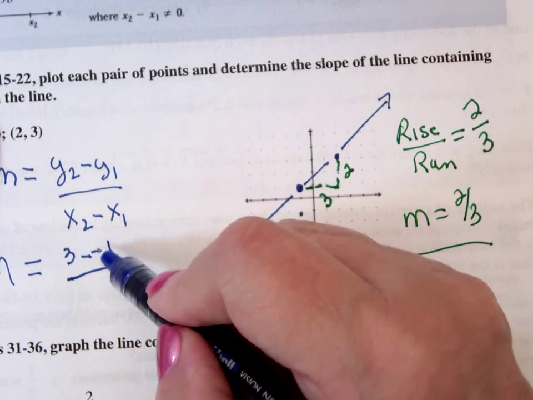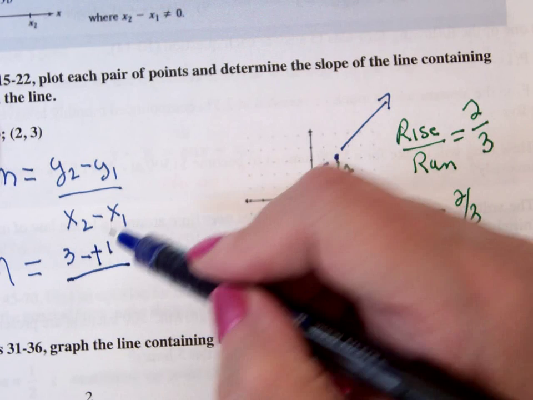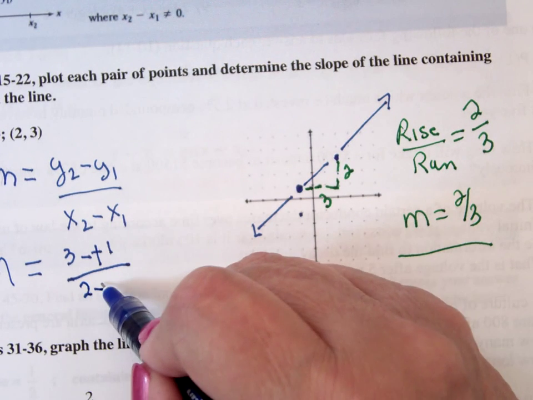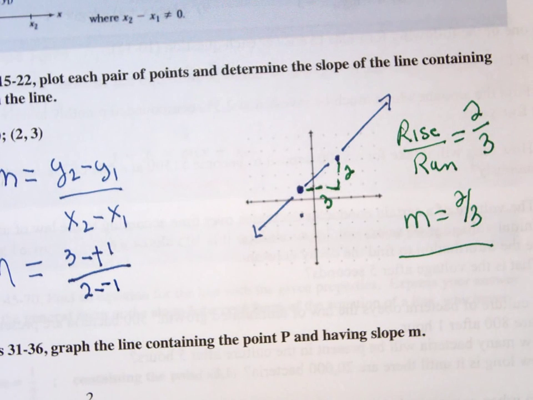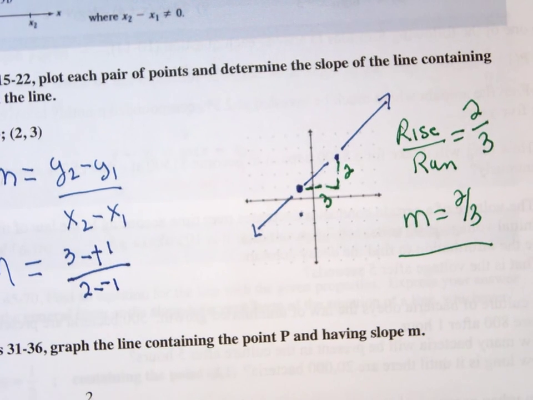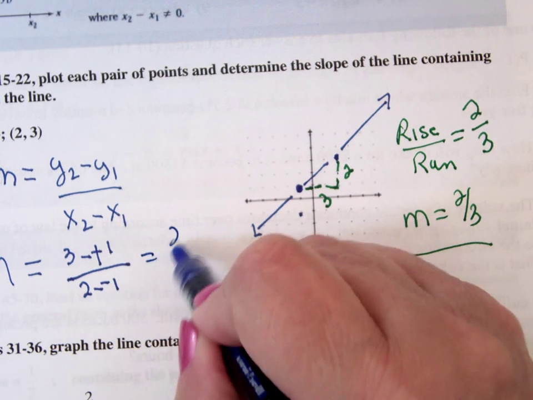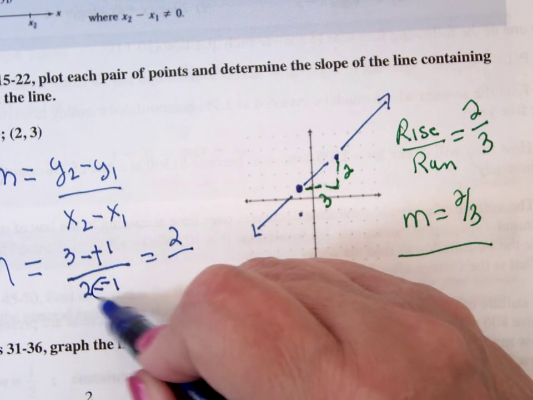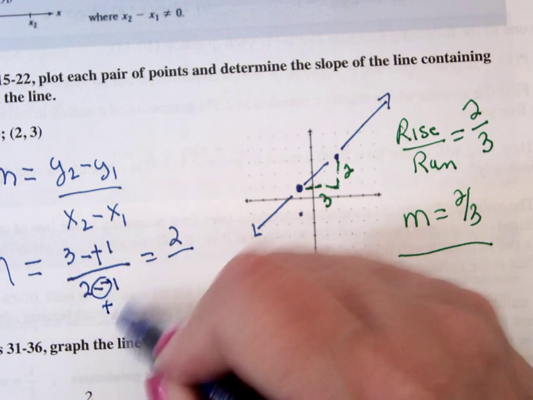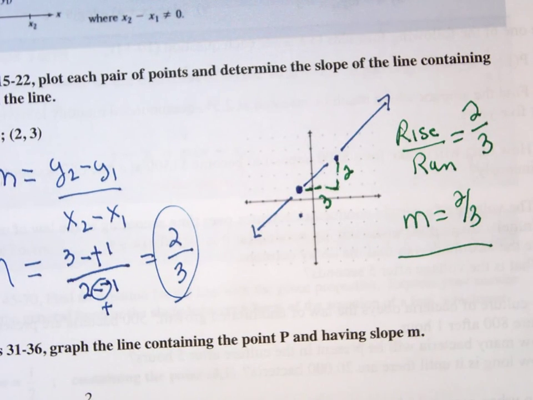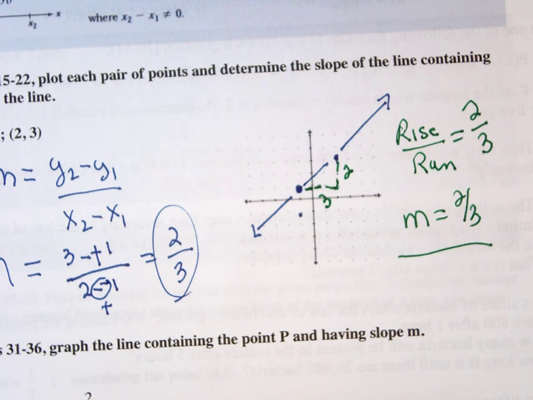X is 3 minus a +1, and y's is going to be 2 minus a minus 1, which is 3 minus 1 is 2, and minus and a minus is a plus. 2 plus 1 is 3, and I get to the same place, that the slope is 2/3.